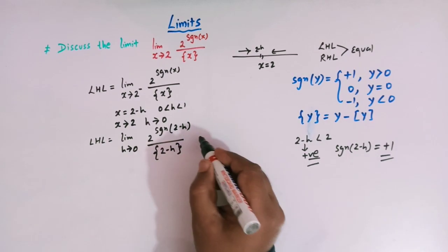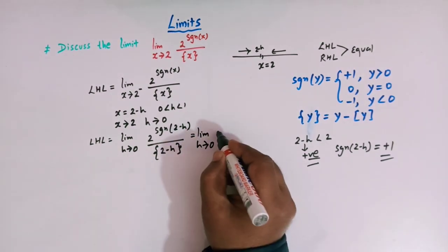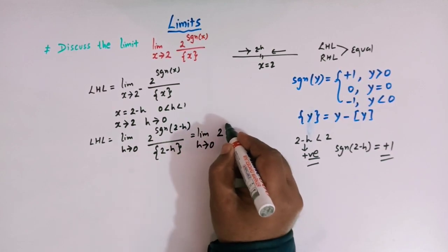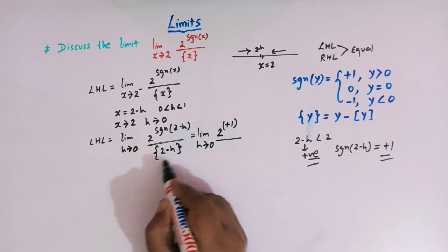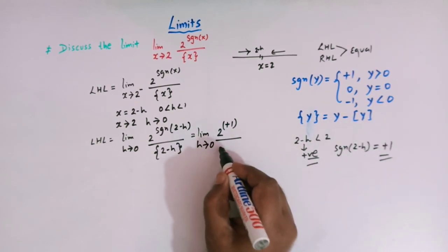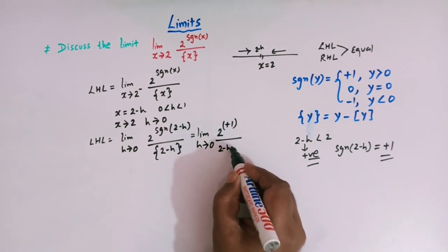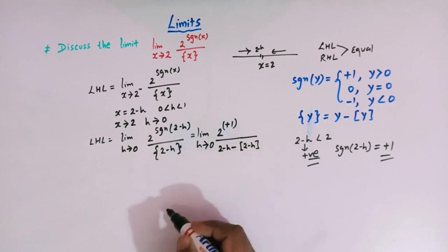So now we have limit h tends to 0 of 2 raised to plus 1, and in the denominator the fractional part of 2 minus h, where we can apply the definition: 2 minus h minus greatest integer of 2 minus h.